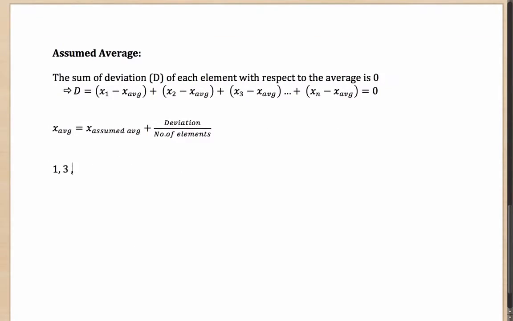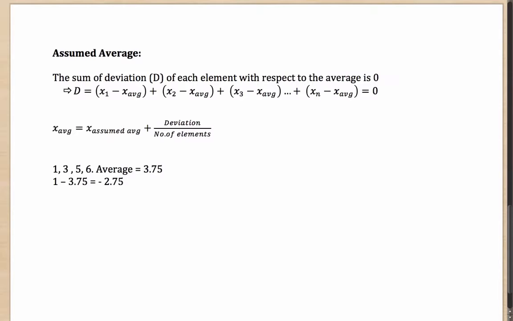Let me just note down here that 1, 3, 5, and 6 were the values, whereas my average was 3.75. Then the deviation of the first value, 1 minus 3.75, was minus 2.75.